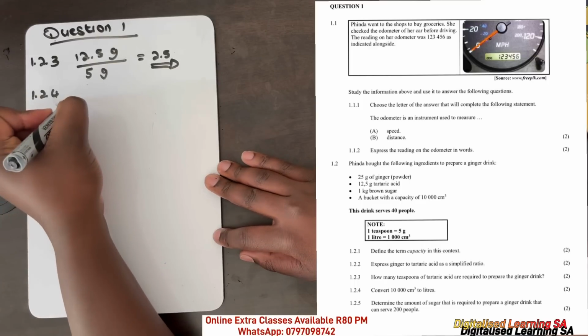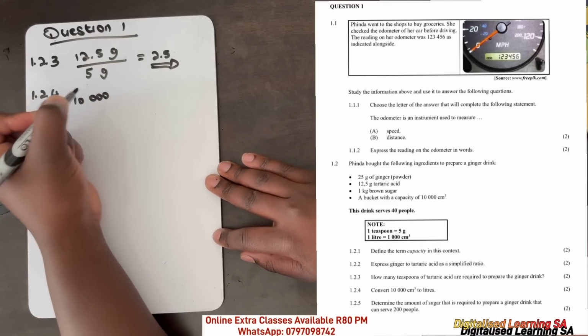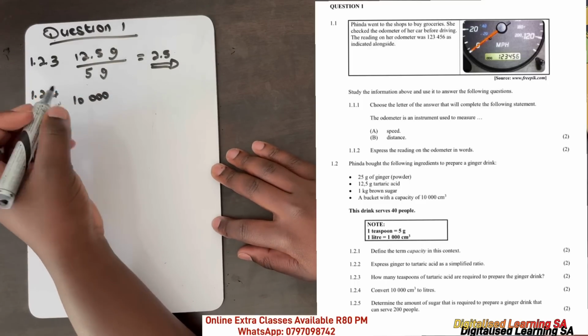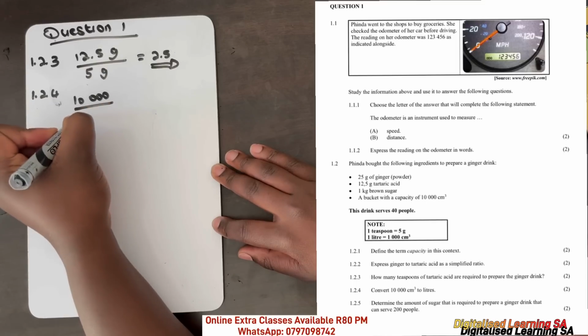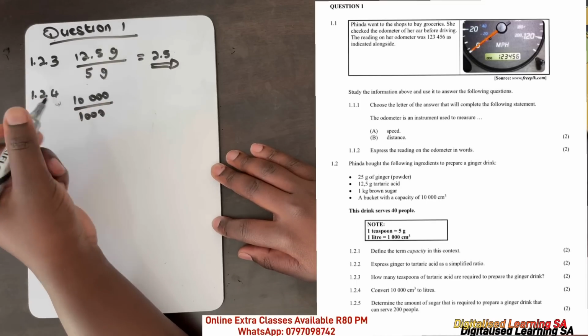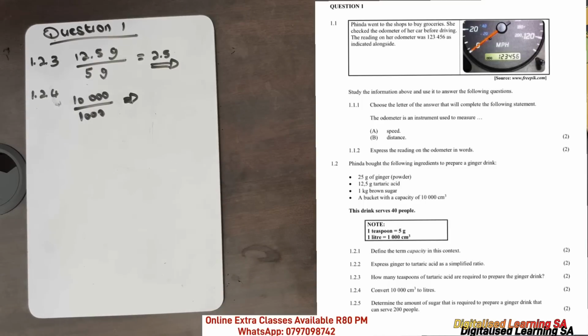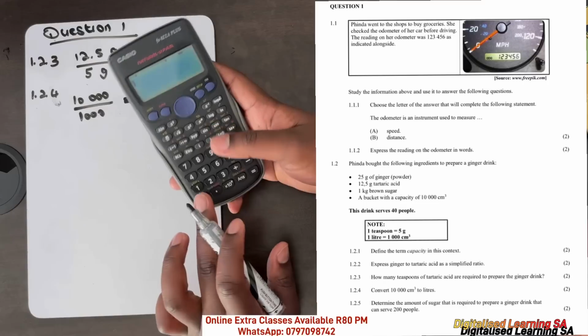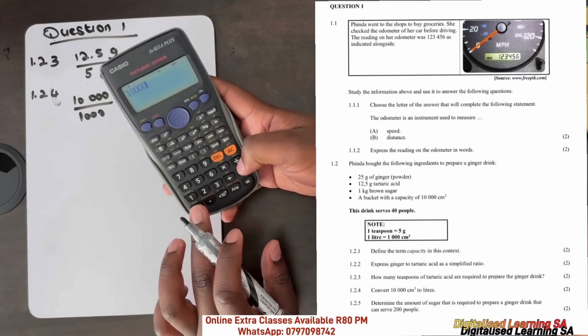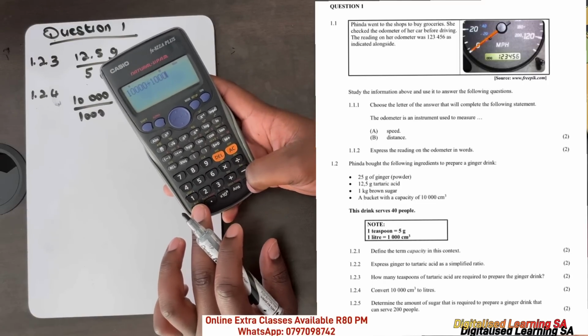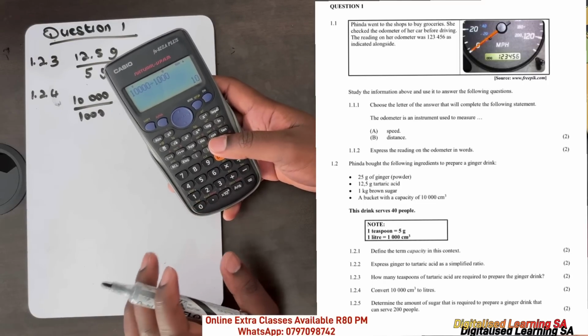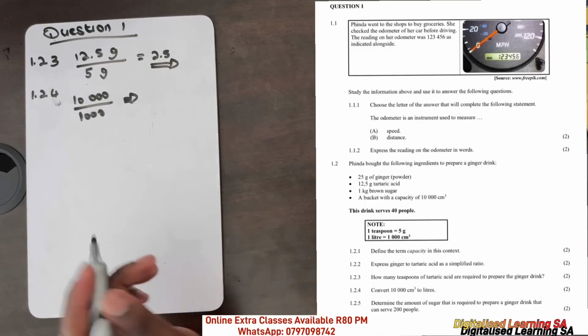So we say 10,000 divided by 1,000, and our answer will be 10 liters.